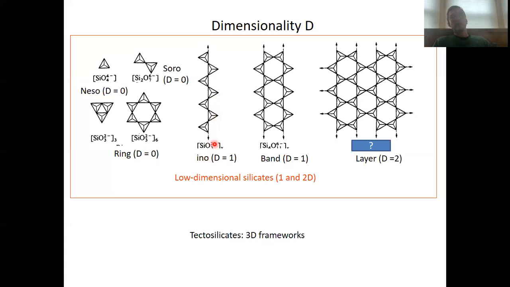So for a silicate that has the composition SiO3 2 minus, whereby of course the negative charges have to be charge compensated by a cation, for instance sodium, calcium, or whatever, you may suspect this may also be an inosilicate, or a ring silicate.